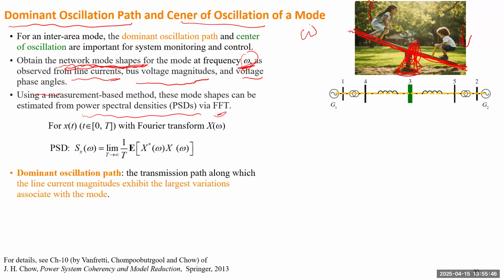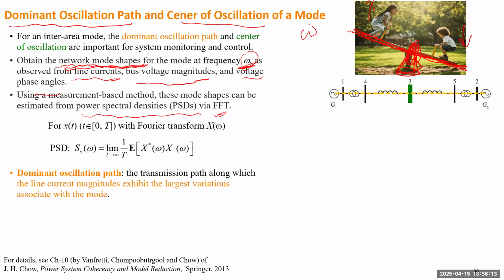The dominant oscillation path is the transmission path along which the line current magnitude has the largest variations associated with the mode. So to identify the oscillation path, you need to find line current data and find the mode shape and power spectral density, and they have larger variation than any other path.